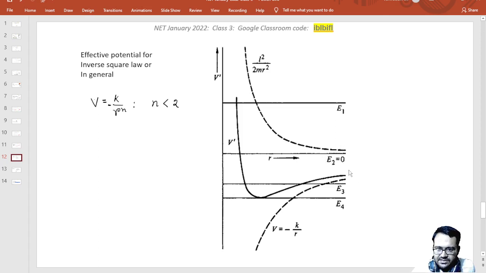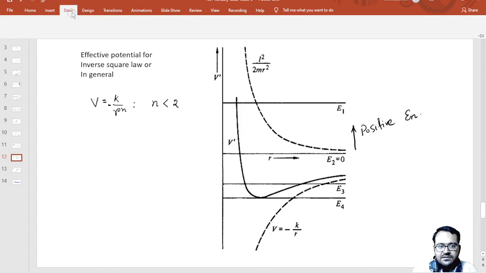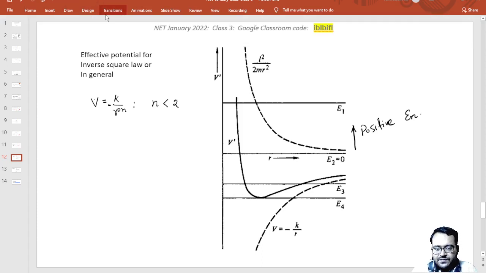Positive energy means we do not have a bounded orbit. It only has a limitation. But if energy is less than 0, then the effective potential cuts at two points. You can see this point and this point where it is cutting.